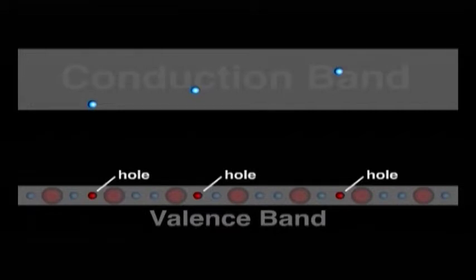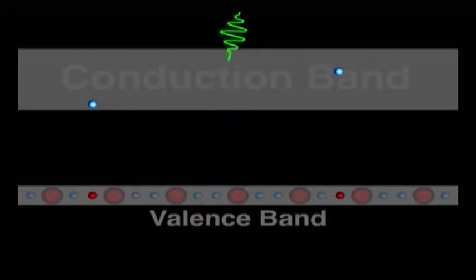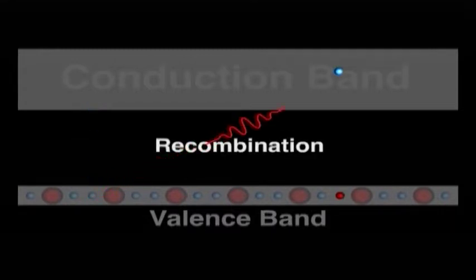Remember, electrons are colored blue here to designate their negative charge. Note that the crystal is still overall electrically neutral, with the same number of positive charges and negative charges. However, electrons, once promoted, can spontaneously fall back into the hole in a process called recombination.